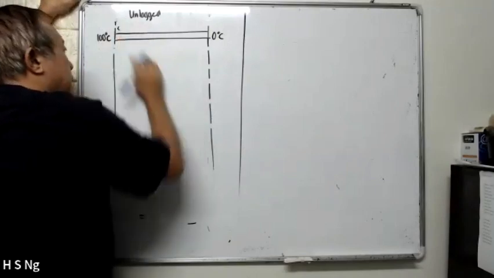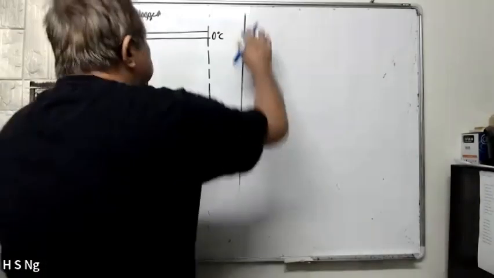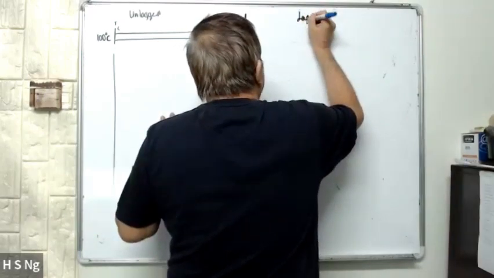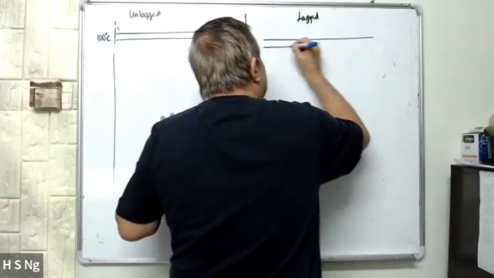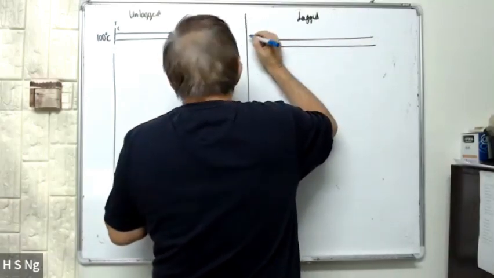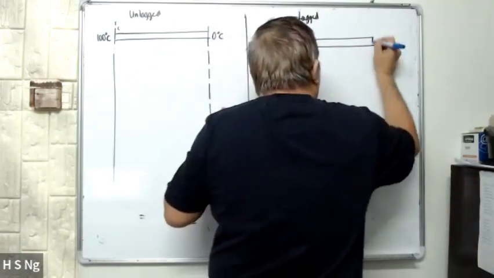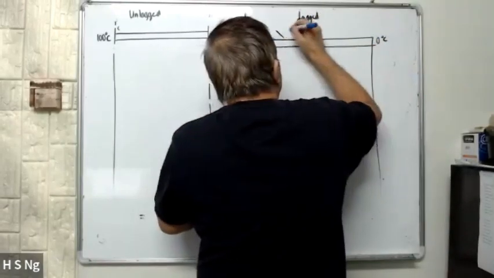Let's say the length is L, it doesn't matter. And the other one is the lagged bar. When I say lagged, it is perfectly lagged, no halfway lagging.